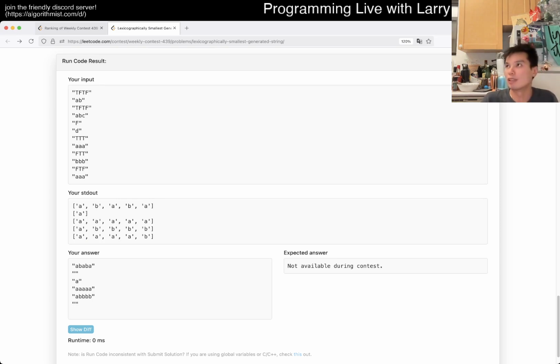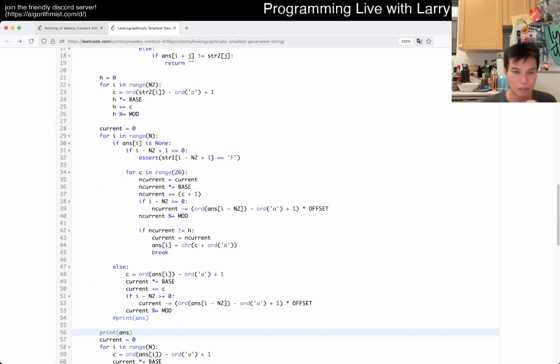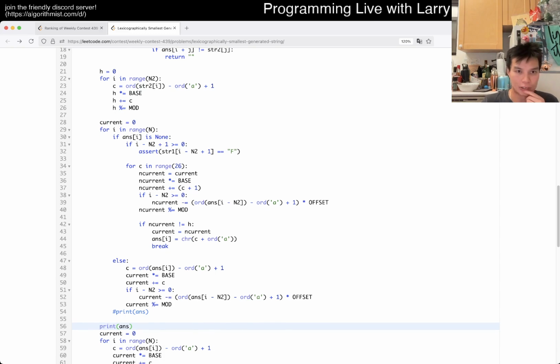I'm trying to think whether... I think due to pigeonhole, it has to be a prefix, right? So, okay, so we don't. So that means that for the first I character, we have to handle it differently. Yeah, I mean, that's fine.